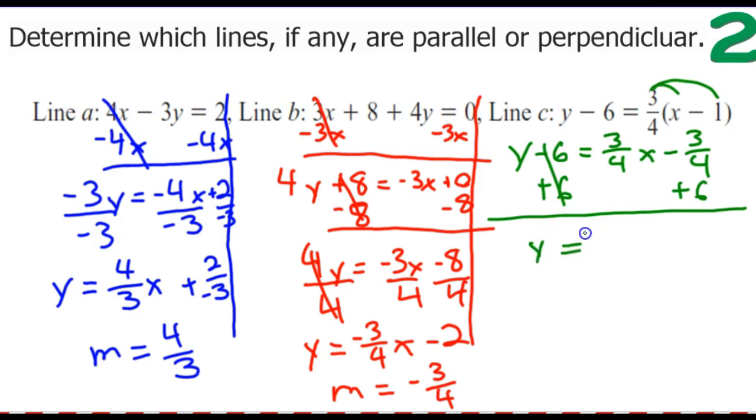So y equals 3/4 x plus 5.25. So our m here is a positive 3/4.